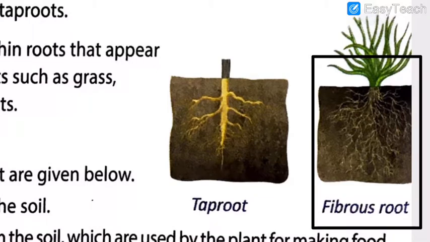Here in the fibrous root, unlike taproot, there is no main root. In the taproot there is one main root, but here all the roots are equal, correct? So there is no main root in the fibrous root, all the roots are equal.